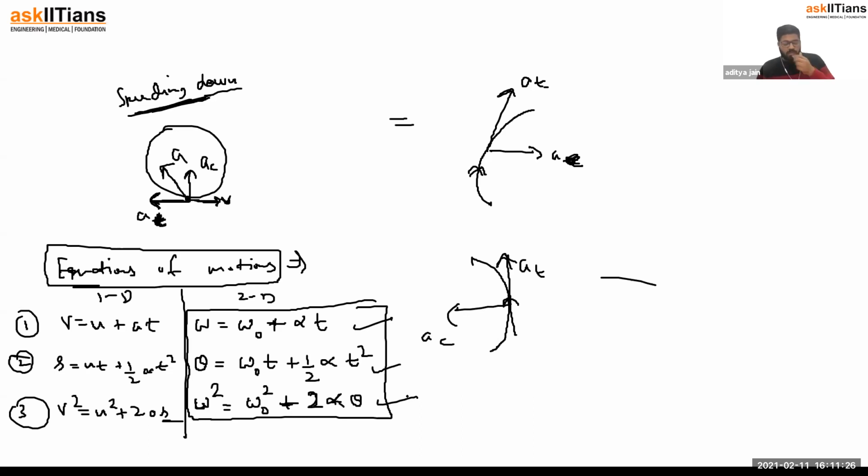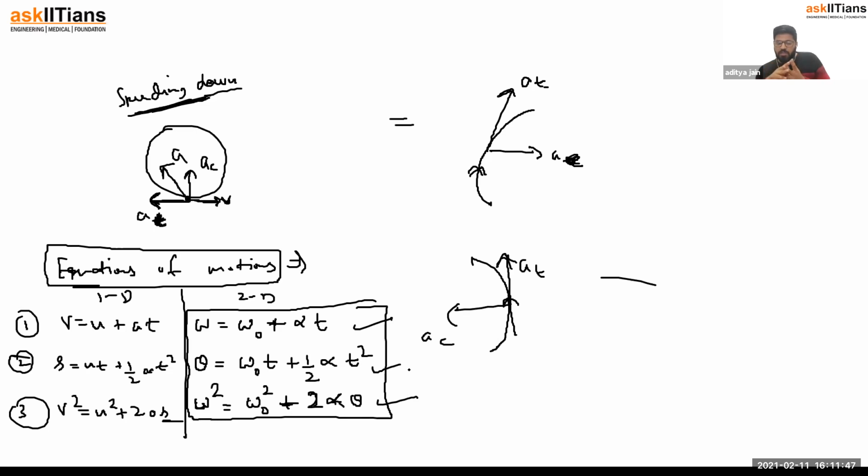Okay. So if I summarize what we have learned, there are two types of acceleration in a circular motion. One is centripetal acceleration that always acts along the center and is responsible for changing the direction of a body. The second one is tangential acceleration, which is responsible for changing the speed.